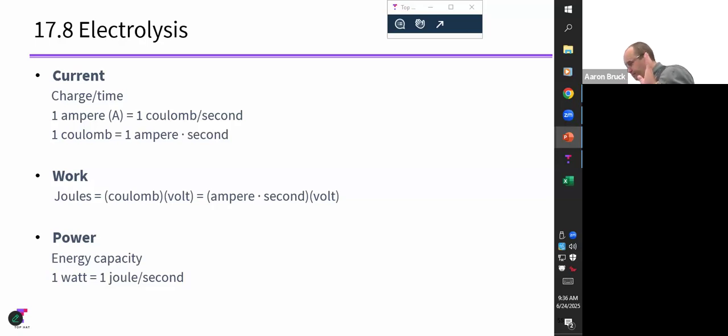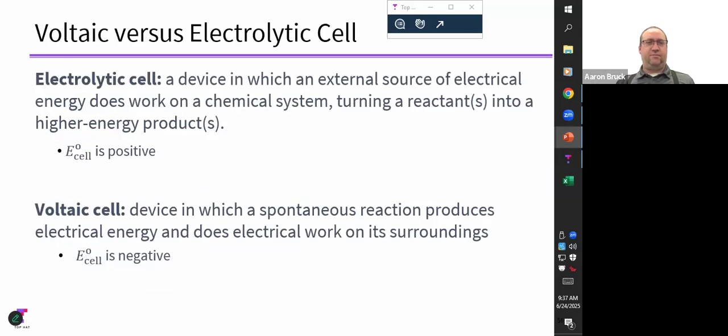So again, we want to hit this particular point before we get too deep into anything else with electrolysis, because it's very easy to interchange ideas like current and voltage and talk about them as if they're the same thing. They're not. So we want to make sure that we understand what the distinctions are and where our lines of differentiation are.